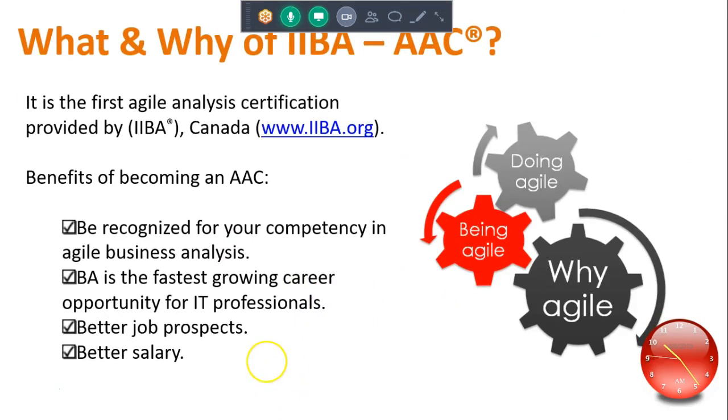Okay. Little bits and pieces about the AAC. It really is key to business analysis. With the migration towards agile, it's important that BAs understand where they fit into this. And this, by the way, is something that has been a battle for the IIBA and BAs in general for several years.